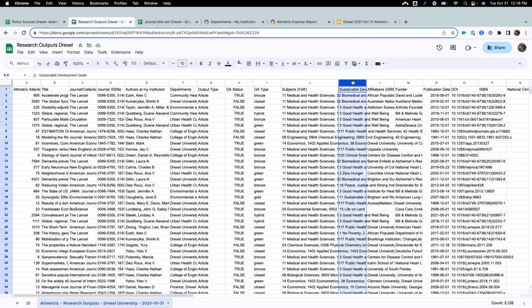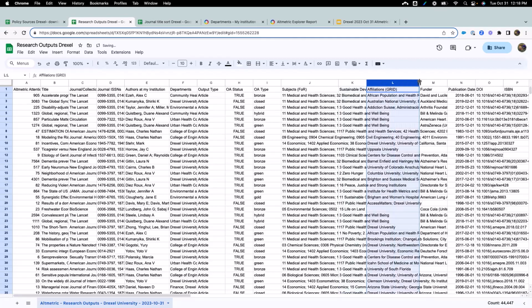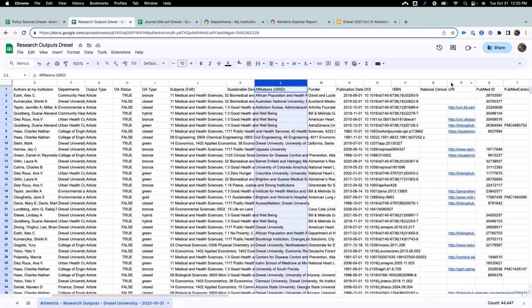So that's information that's captured. Also, different grid affiliations. So if you want to see who you're partnering with in this particular research, we can provide that information: Australian National University, Brookings Institute, etc. Who funded the research, what the publication date was.